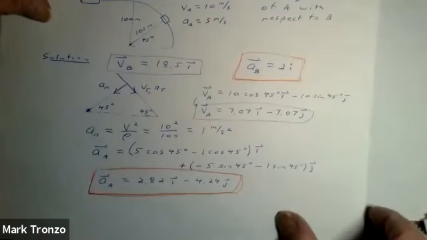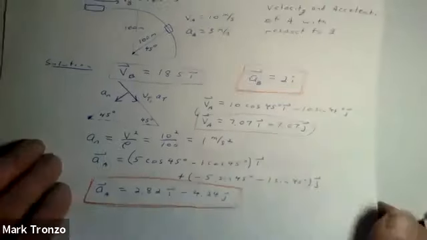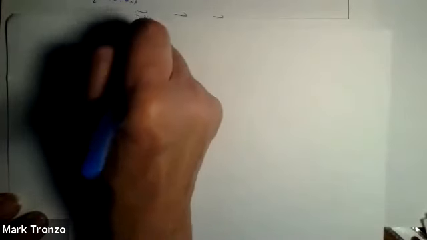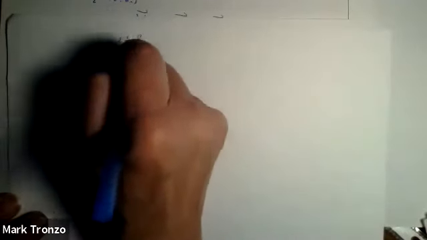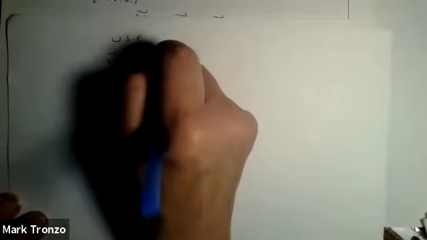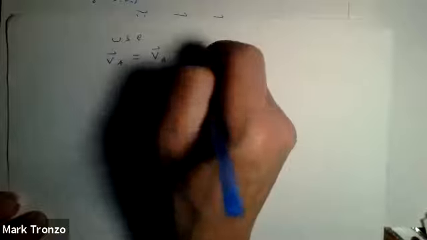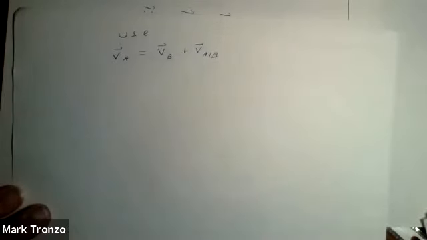The rest of it's just mechanics. Just plug everything into those equations. So just now use the VA, let's see, is that the one, the velocity of A? VA equals VB plus VAB. Then just plug in all your stuff that you just calculated.